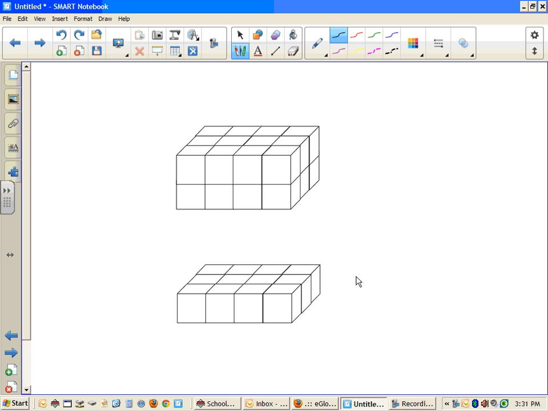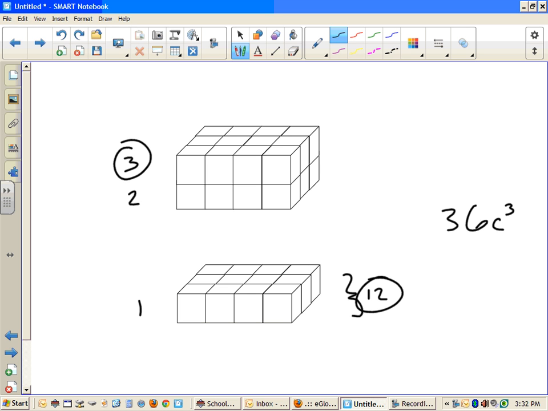We know there's 12 of these little cubies in here, and we have 3 layers. Like Trident, they have layers. And we know that 3 times 12 is 36 as well. 36 cubes cubed. That's a mouthful.